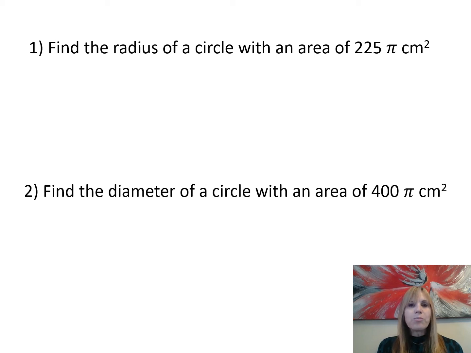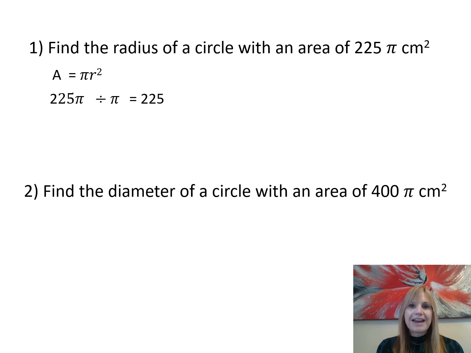I know that the formula for the area of a circle is pi r squared. So what I want to do is, I've been given the area and I need to find just the radius. So the first thing I'm going to do is get rid of that pi that's with the radius squared. So I'm going to divide by pi. So 225 pi divided by pi is 225.